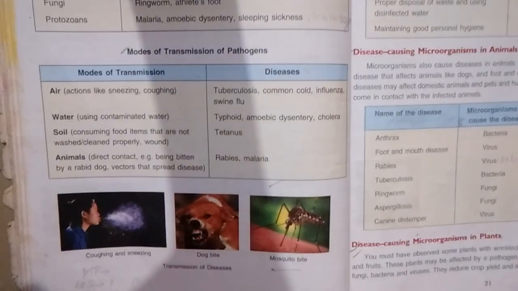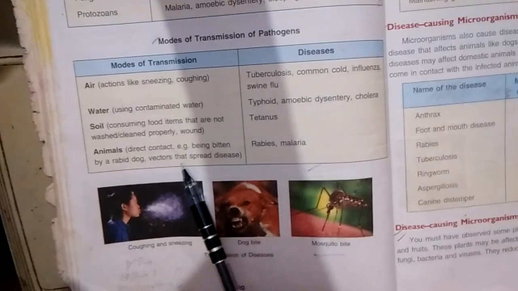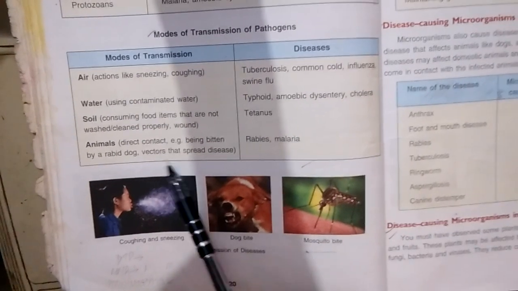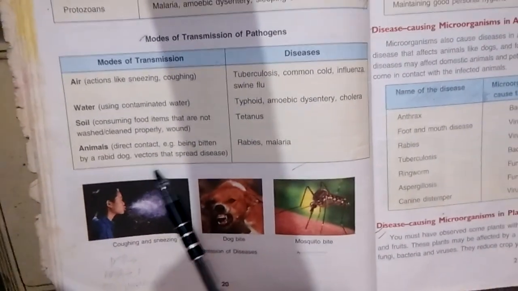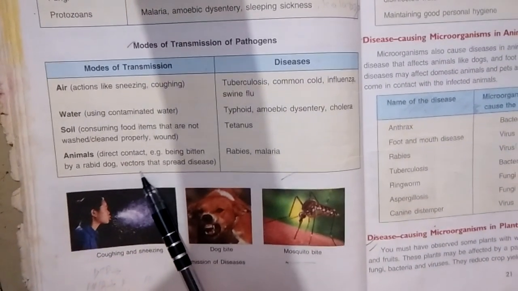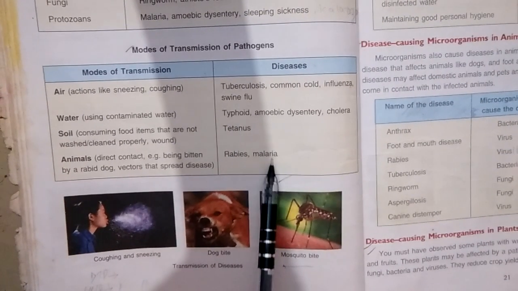Now come to animals. Direct contact with animals, that means the biting of a rabid dog, and vectors that spread disease. Vectors mean carriers, like the Anopheles mosquito, which is the vector or carrier for the disease malaria.